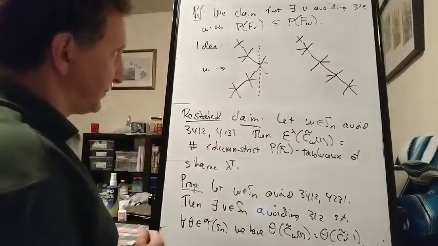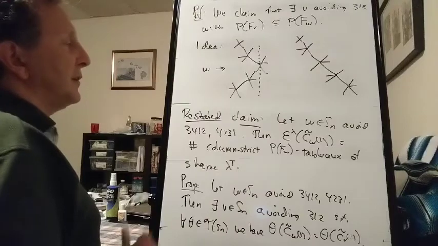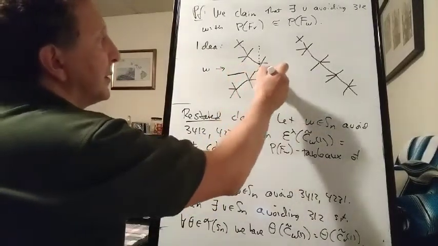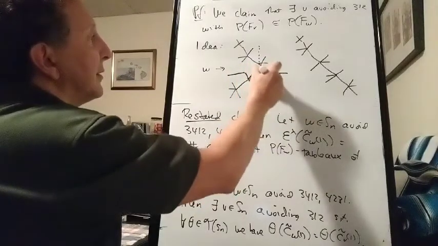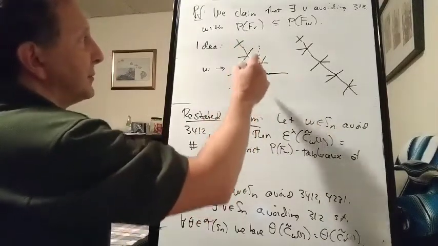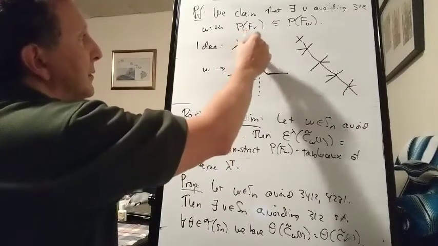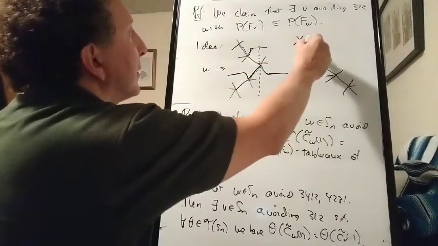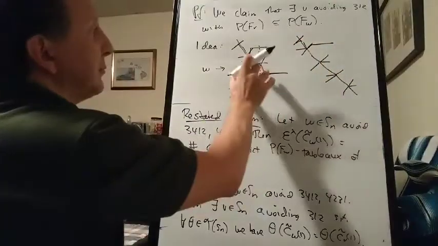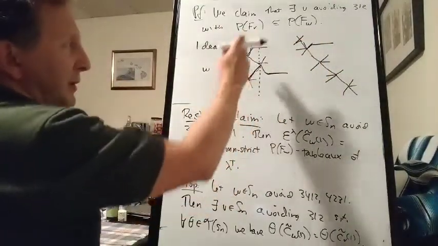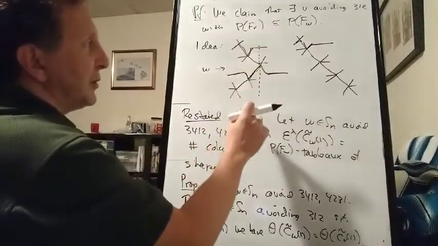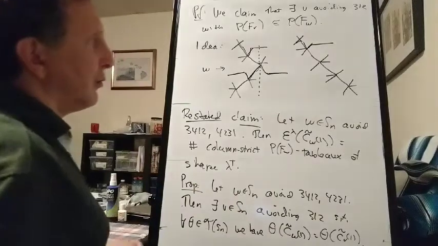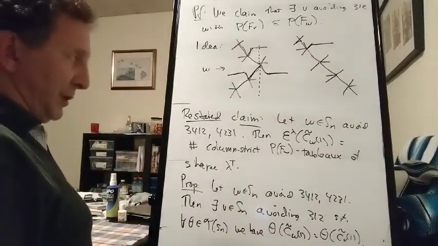Now you can see that if the path here is less than some other path, then its mirror image is also going to be less, because when we unfold and do this mirror image, we're not creating any new intersections between paths or removing any intersections between paths.